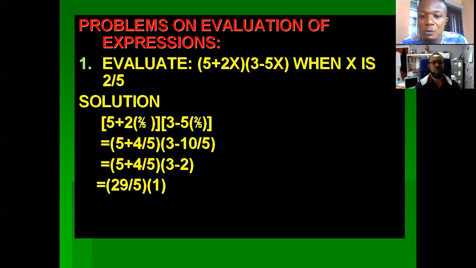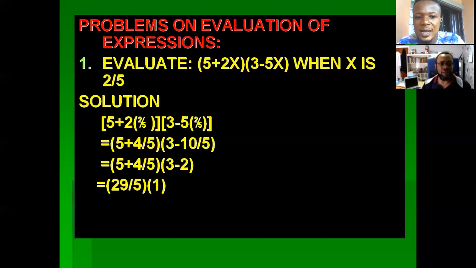But to be safer here, to avoid confusion, fractions are more difficult to work with than decimals. So just use your calculator and divide 4 by 5 to give you 0.8.